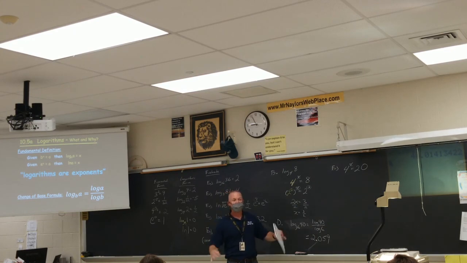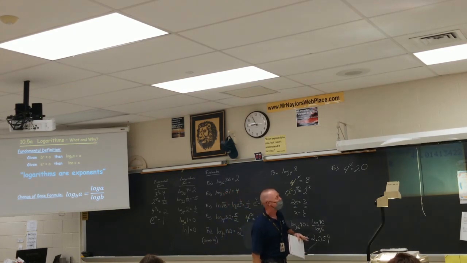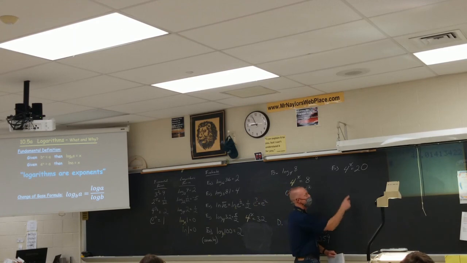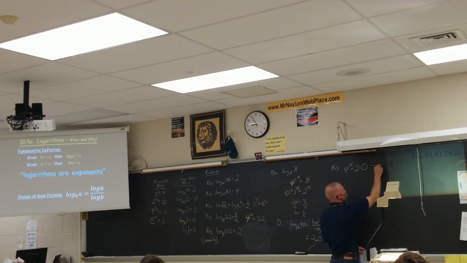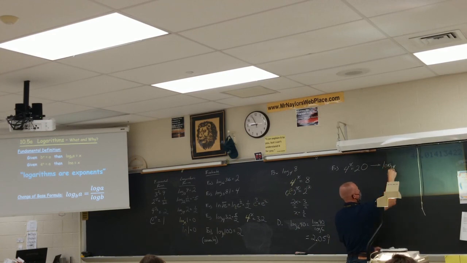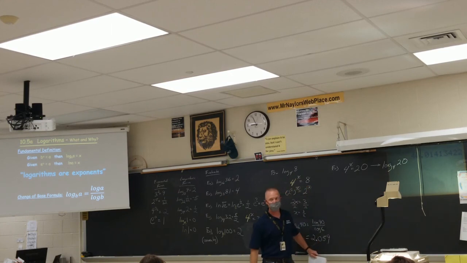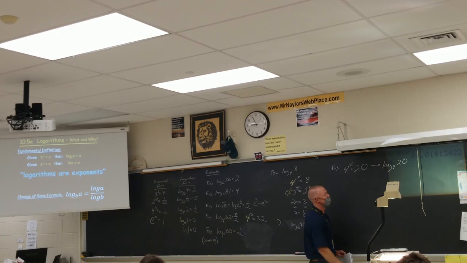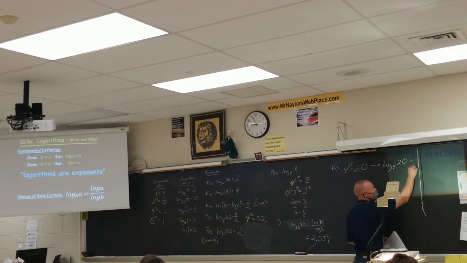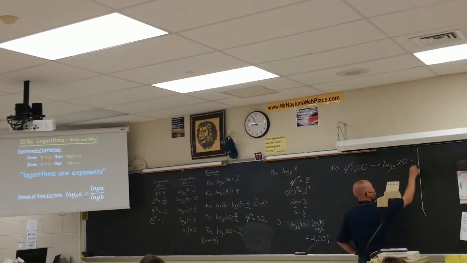A lot of things are going to kind of come together here in just the last couple minutes. But first of all, this statement can be written as a log. It can be written as the log base 4 of 20. But the cool thing is that log base 4 of 20 can actually be solved by dividing.